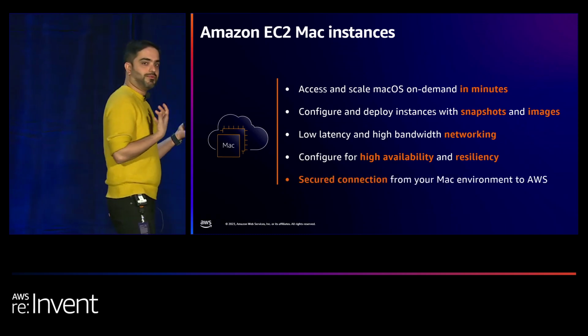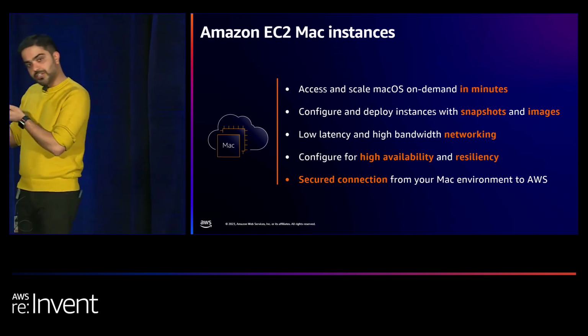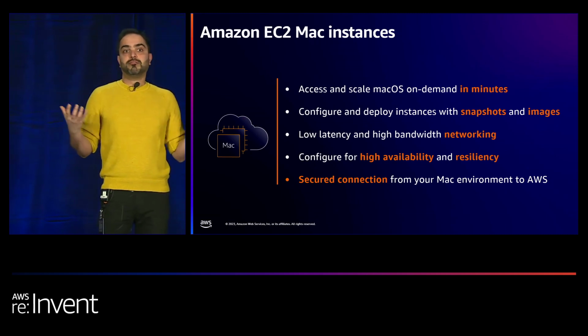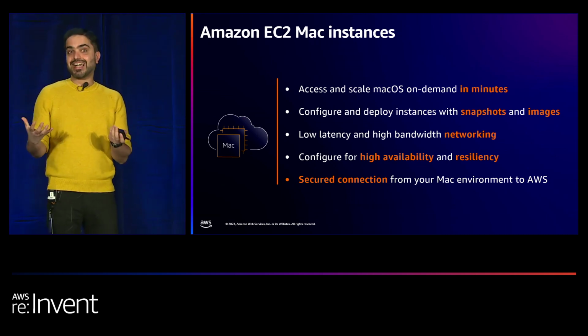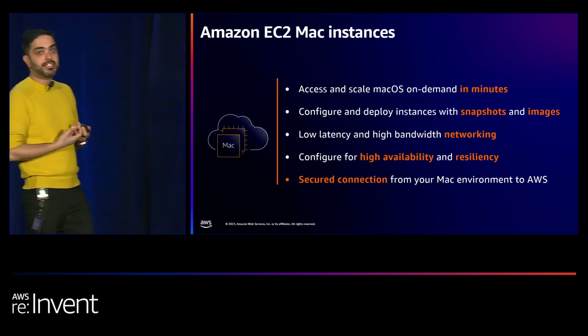And the last thing that did take us a few iterations, but we got it right before we launched, was the virtual private cloud on EC2 Mac instances is exactly the same virtual private cloud that you get on any other EC2 instance.